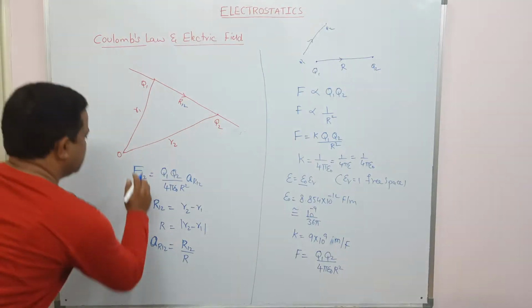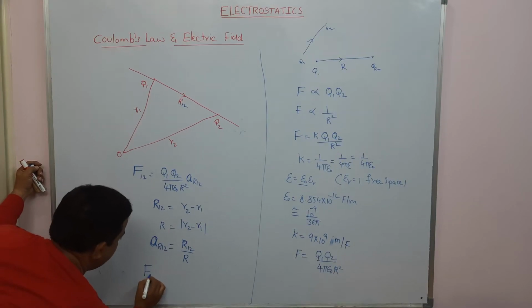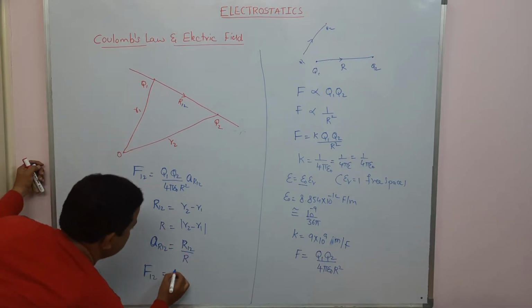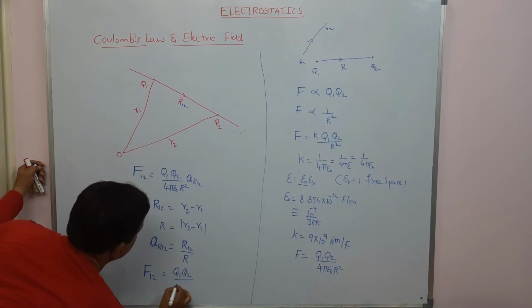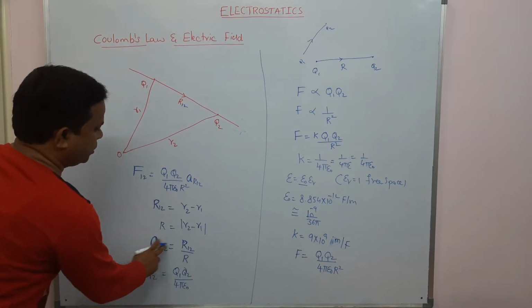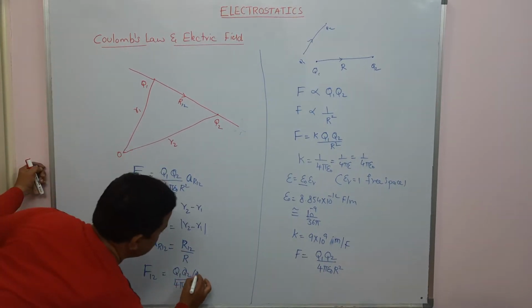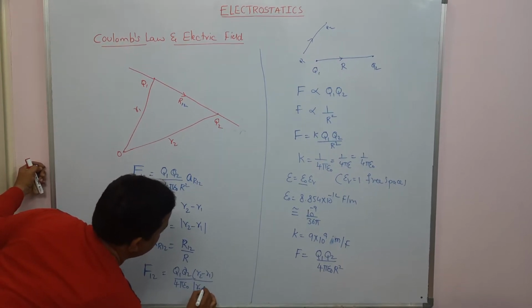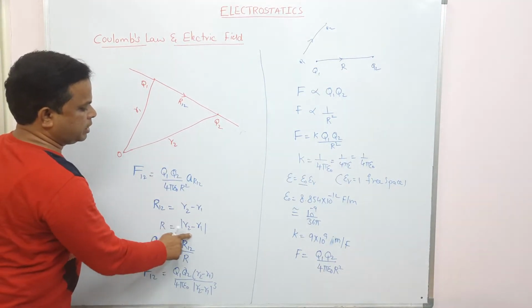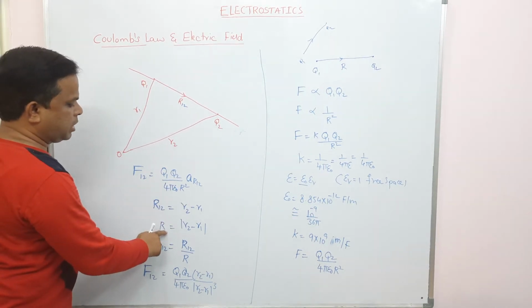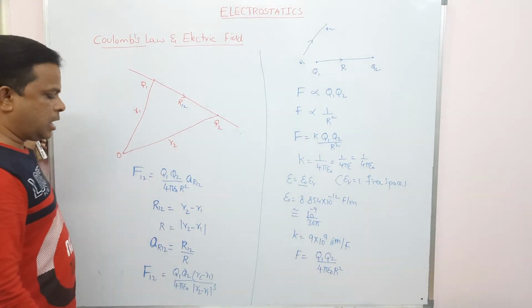F12, I can write here like this, in bold form because it is a vector now, because it is going to give some direction here: Q1 Q2 by 4 pi epsilon naught, and if I substitute AR12 as R2 minus R1 by modulus of R2 minus R1 whole cube, because this R is nothing but R2 minus R1. So here R into R square is R cube, that is modulus of R2 minus R1.